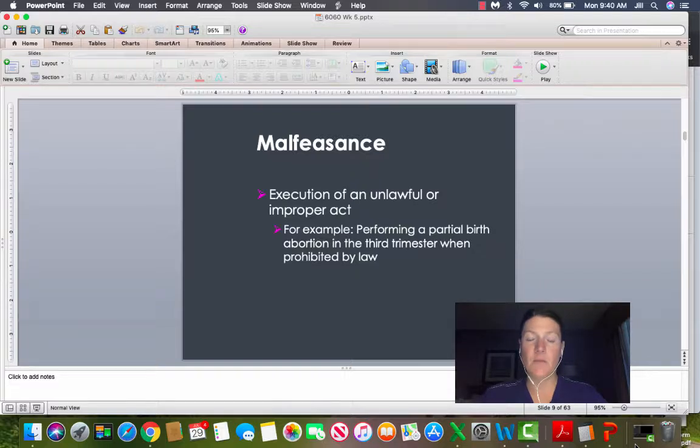A good example, performing a partial birth abortion in the third trimester in areas where that's prohibited by law. So if that's prohibited by law, regardless of the situation surrounding the case, if, as a professional, you take part in that, that would be malfeasant on your part.